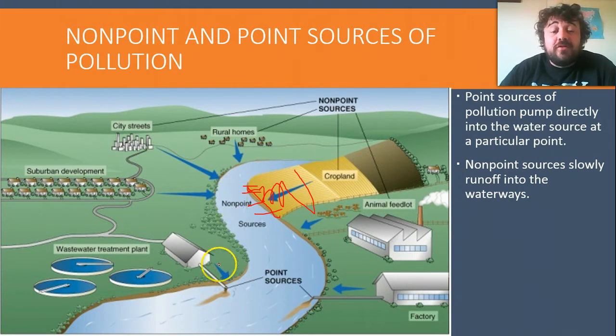A point source of pollution is where it is all made in this treatment plant, or a factory here, and it is pumped into a specific point in the water system. Okay, so we've got non-point and point sources of pollution.